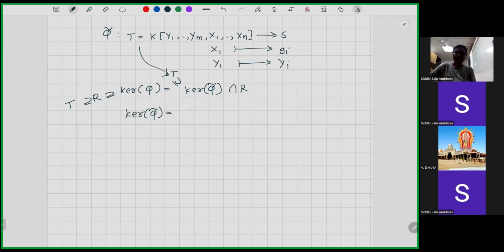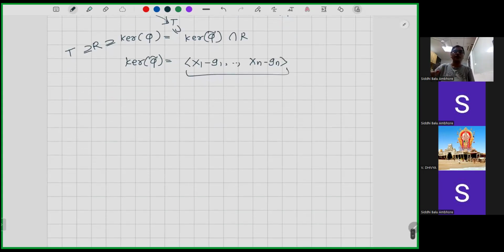Because this kernel of phi tilde is nothing but generated by x1 minus g1 up to xn minus gn. Okay. So this is, I mean, straightforward. We have information about the kernel of phi tilde, and using this, we find the kernel of phi.